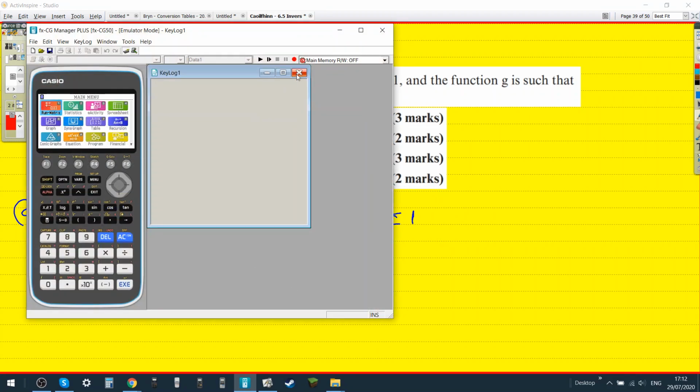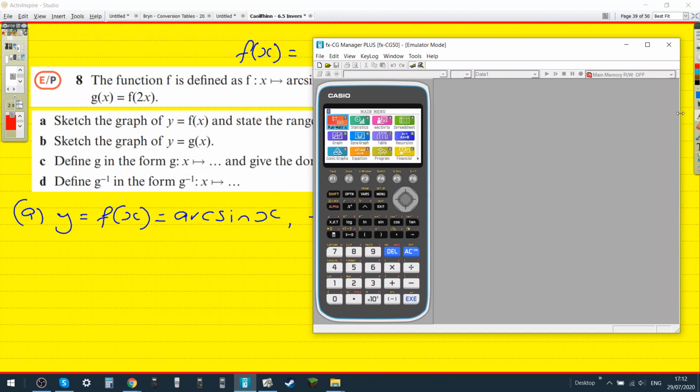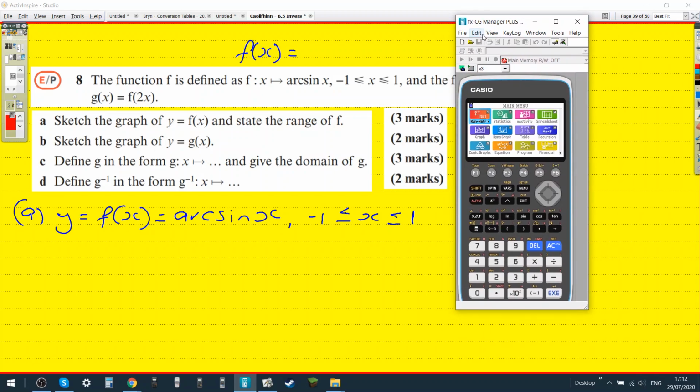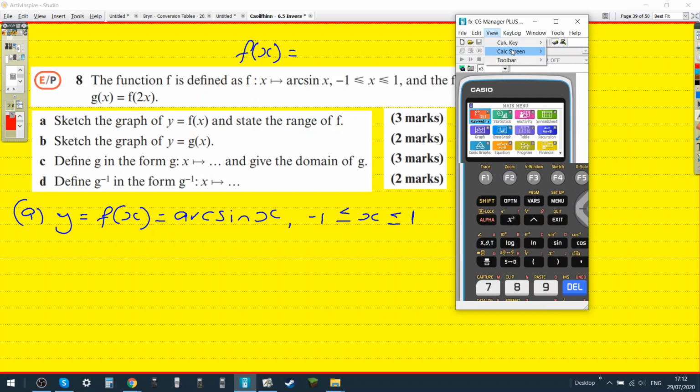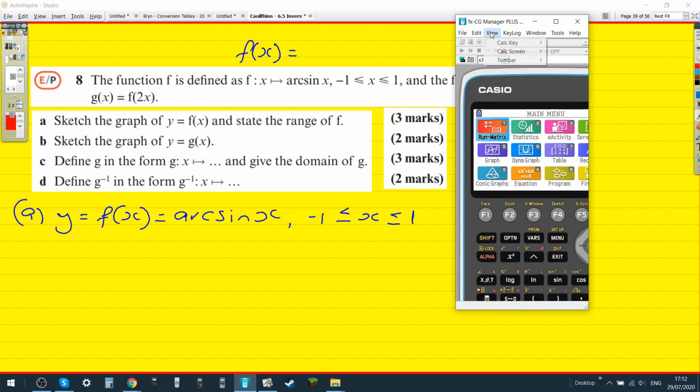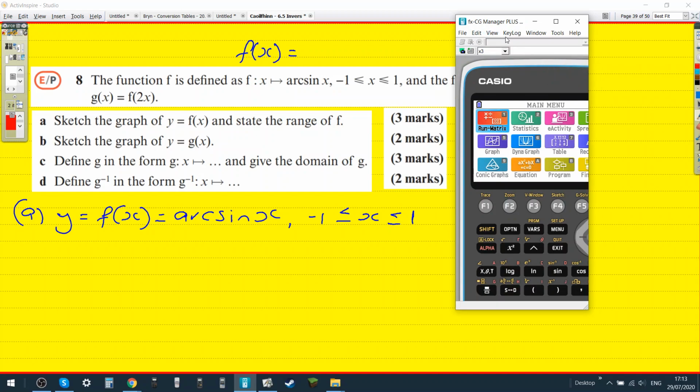What would you put into your calculator? How do you put in arc sine? Sine to the minus 1. My only concern is being able to see the stuff, so I always get the zoom wrong. Maybe a little better look.